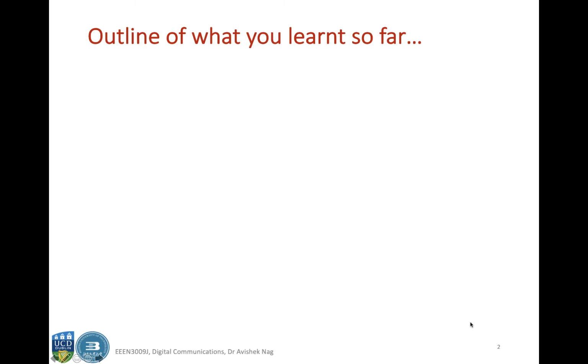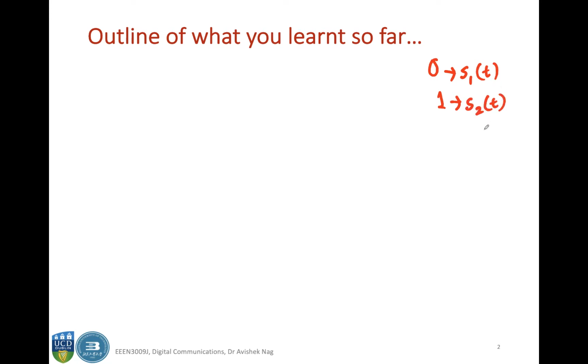In case of binary, you had zeros and ones, right? You are sending the zeros and ones as a single bit, and whenever you are sending a 0, you are sending a signal S1(t), and whenever you are sending a 1, you are sending a signal S2(t).